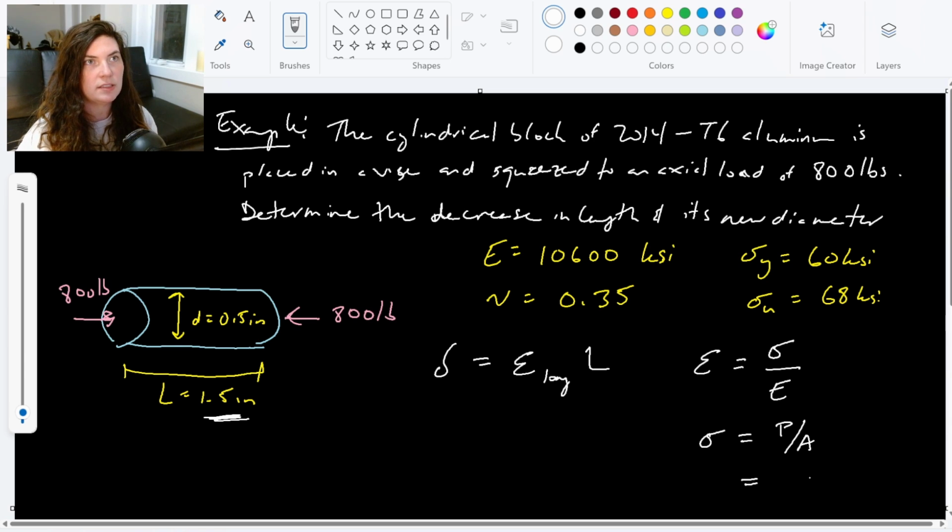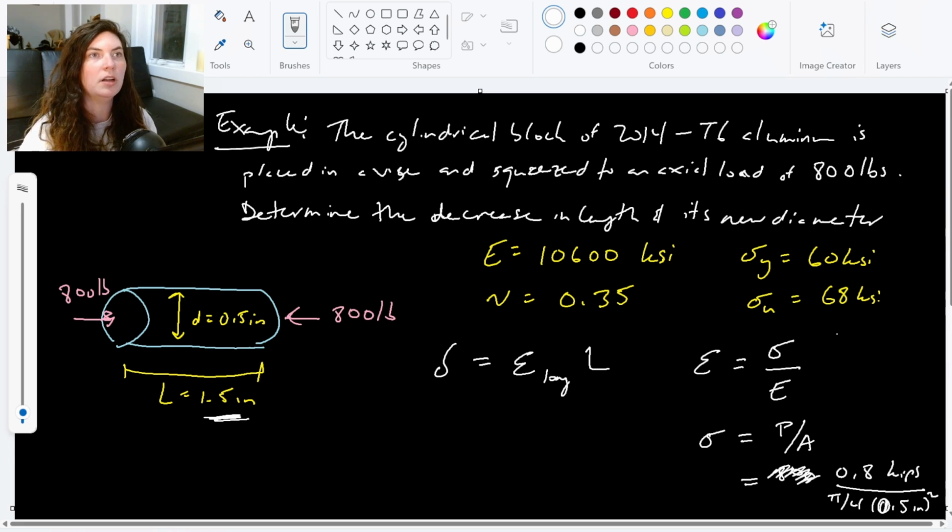So I can calculate this stress. This is 800. Actually, since all of my units in here are in KSI, I'm going to convert this to kips. 1 kip is 1,000 pounds, so 800 pounds is 0.8 kips, over the area, which is pi over 4 times d squared. D is 0.5 inches, squared.